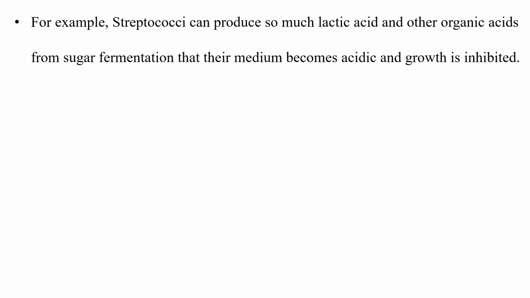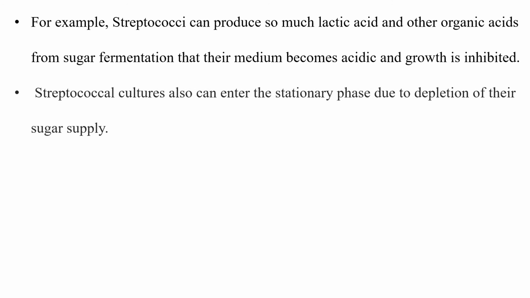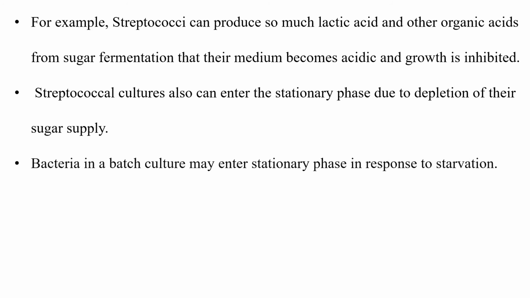Because of the secretion of the acid, the medium becomes acidic in nature, and because of that also growth is inhibited. If the sugar supply is depleted, that is, if the concentration of sugar decreases, then also these streptococcal cultures may enter the stationary phase.